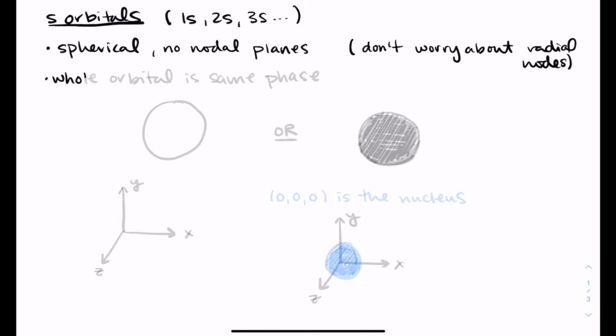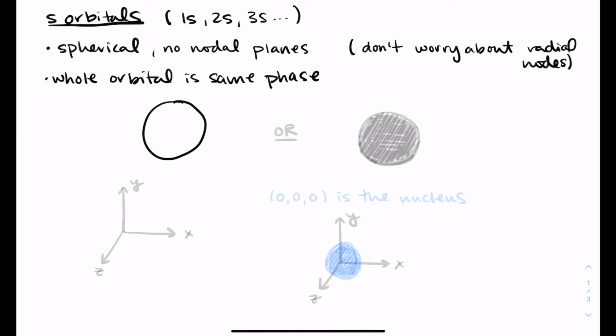So if it's spherical, then there are no nodal planes. So no nodes means no reason to change phase. So the whole orbital is in the same phase. Now, drawing a sphere on a flat piece of paper is not that easy to do, because since we're going to shade it to indicate phase, you can't do any shading to indicate 3D shape because it might accidentally indicate phase.